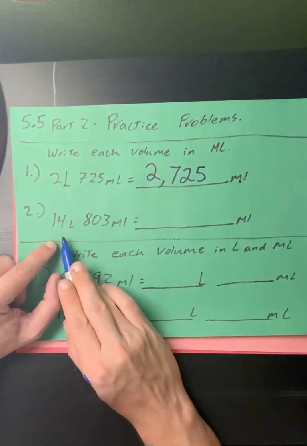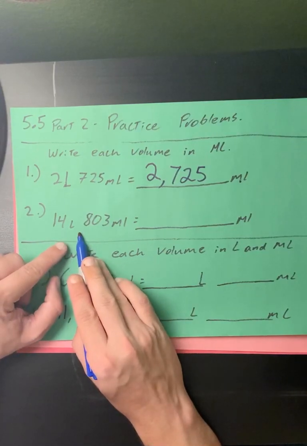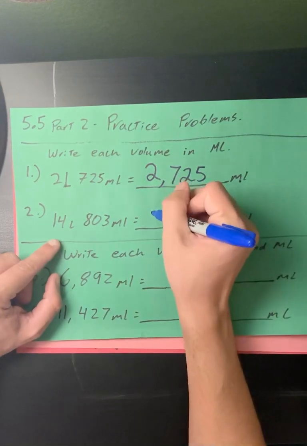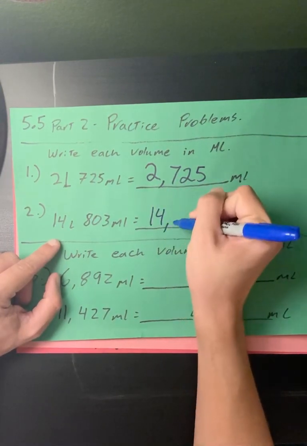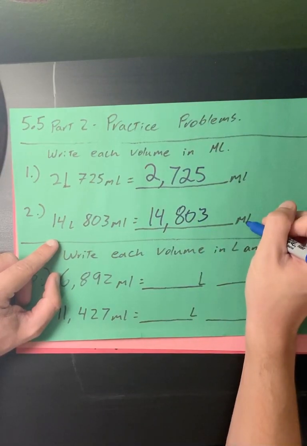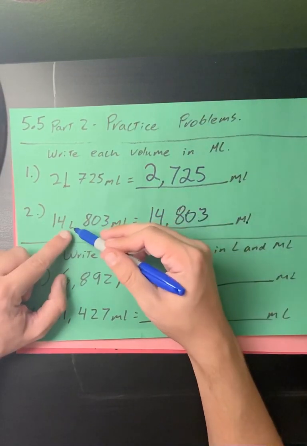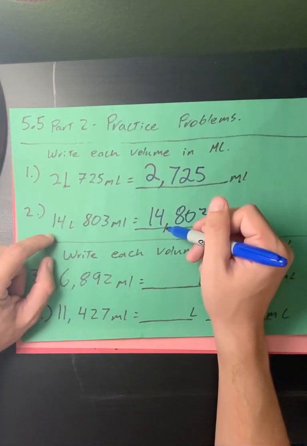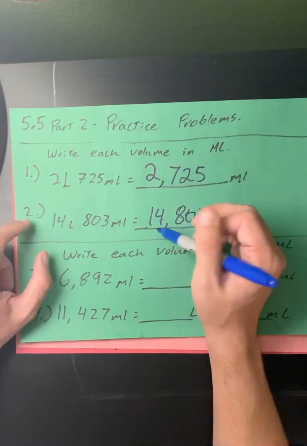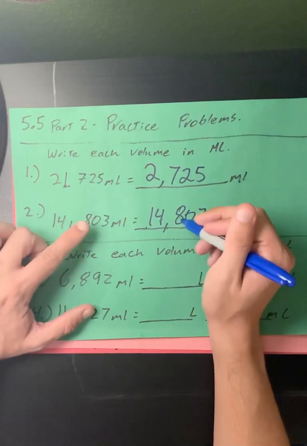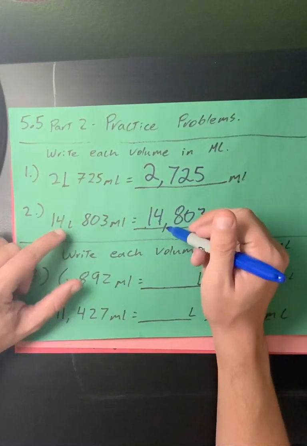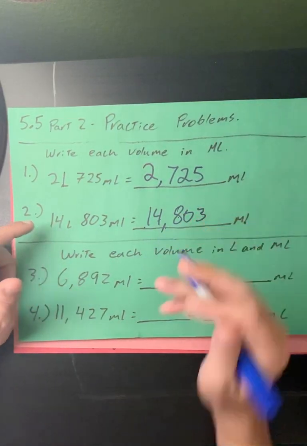Problem number 2, if I have 14 liters and 803 milliliters, altogether that will be 14,803 milliliters. Just exchange my liter sign for my comma that separates my hundreds and my thousands. Thousands and above are in my liter side. Hundreds, tens, and ones are milliliters. If I'm putting them all together, just trade out my liters for my comma.